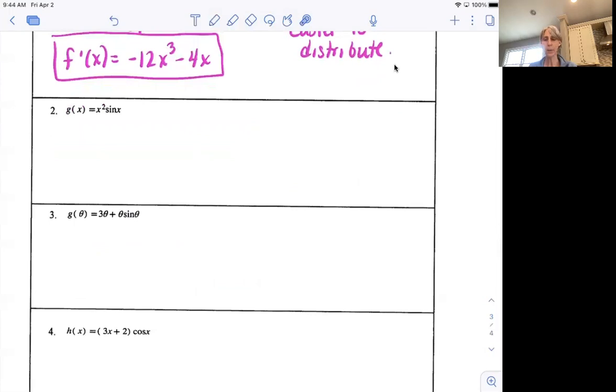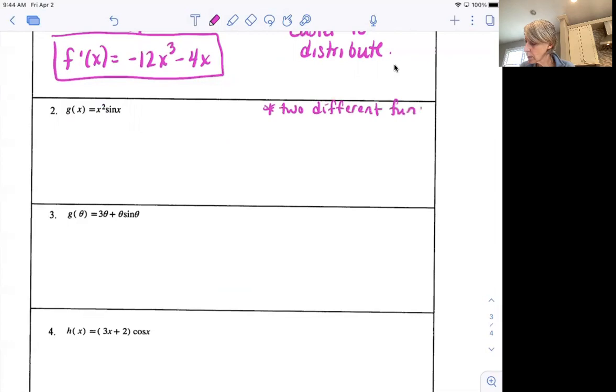In this next example, I have g of x equals x squared times sine x. Okay. So now my functions are two different things. One's algebraic, one's trig. I have to use the product rule. So two different functions.